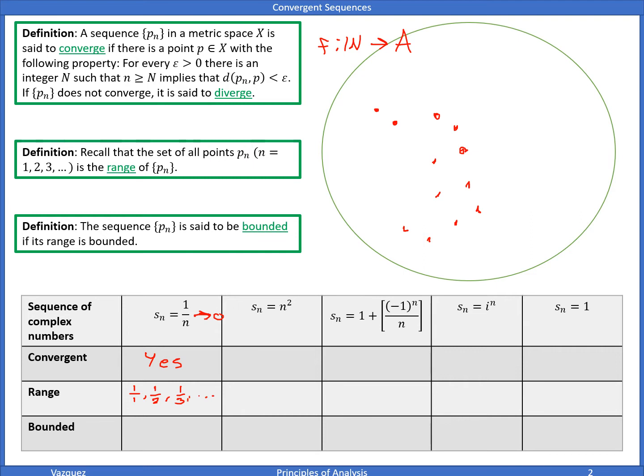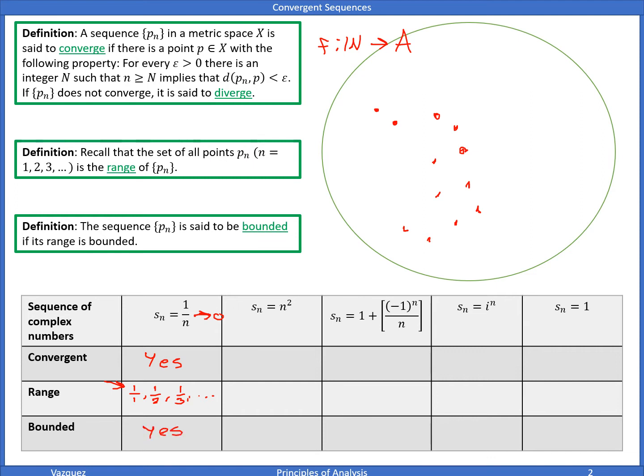Is it bounded? Well, it is, because the biggest number it's going to have is 1, which is 1 over 1. The smallest it can have isn't 0, it'll never be 0, but all the points will be greater than 0. So it's bounded between 0 and 1.